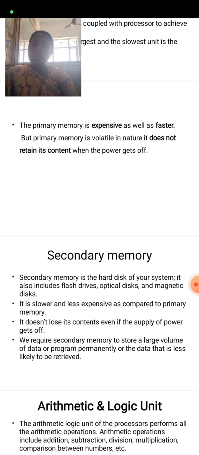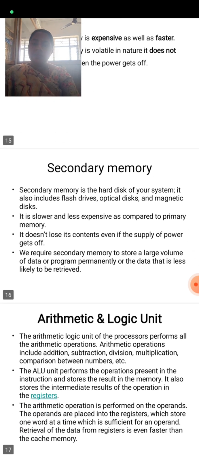It does not retain its content when the power gets off. That means if a system gets switched off due to a current problem, the entire data stored in primary memory gets lost. This is the drawback of primary memory.